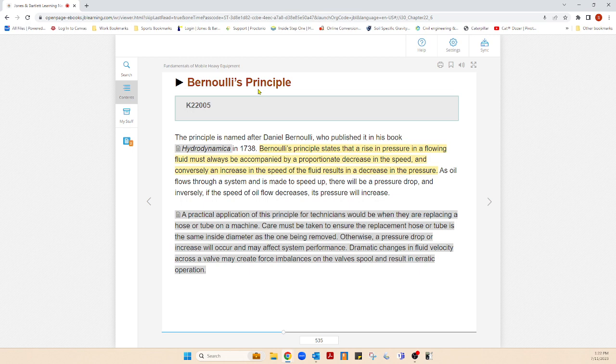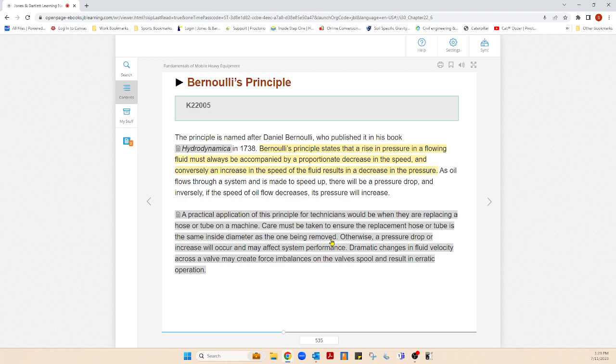A practical application of this principle for technicians would be when they are replacing a hose or tube on a machine. Care must be taken to ensure the replacement hose or tube is the same inside diameter as the one being removed, because everything is designed around that flow and pressure. You're going to have problems as it goes through the valve.